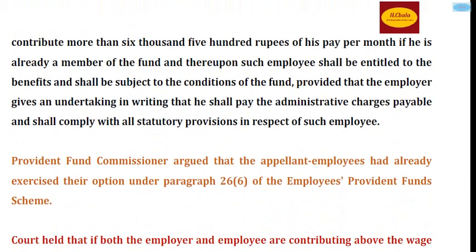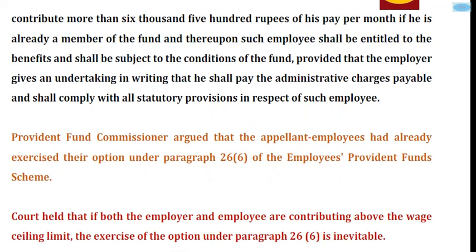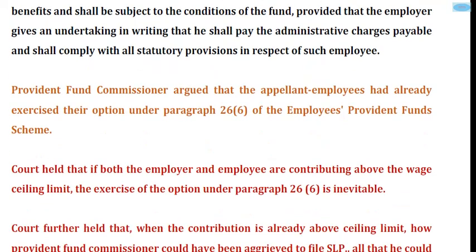So the Provident Fund Commissioner argued that the appellant employee in this case had already exercised their option under paragraph 26(6) of the Employees Provident Fund Scheme, so they cannot now ask for this relief. The court held that if both the employer and employee are contributing above the wage ceiling limit, the exercise of option under paragraph 26(6) is inevitable.